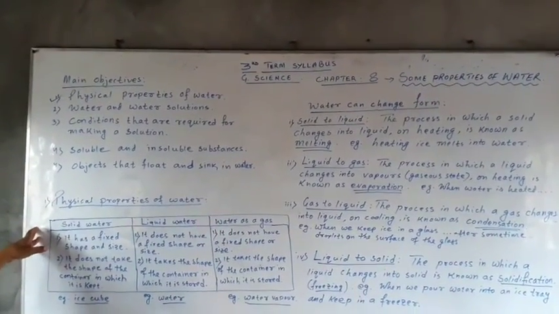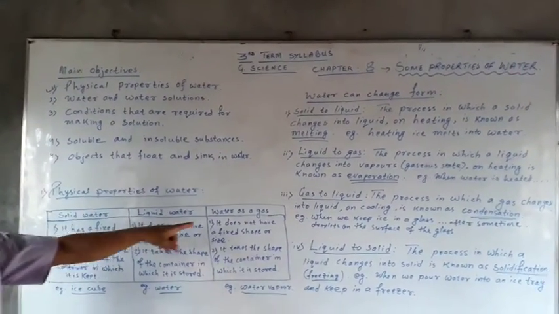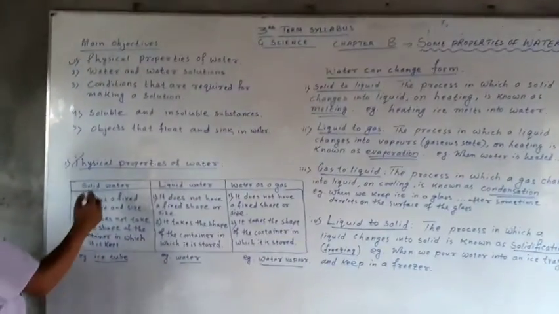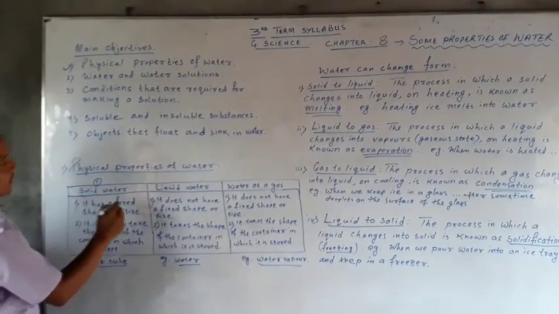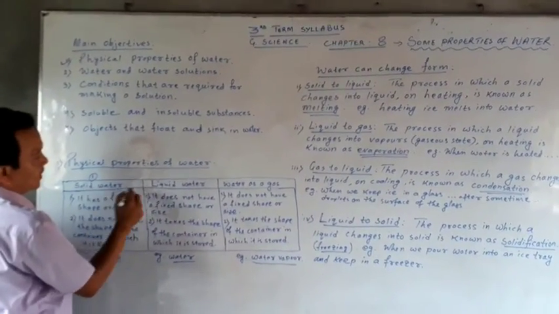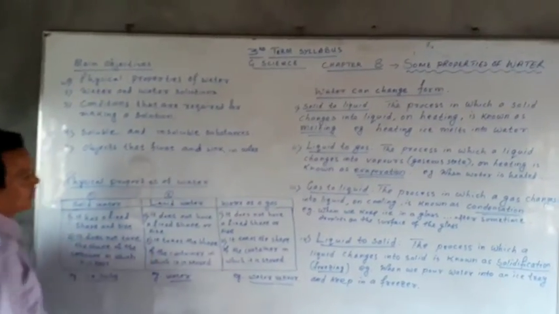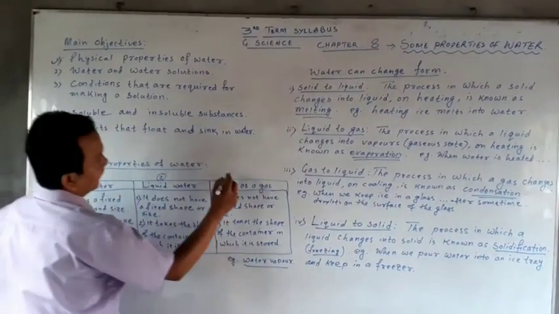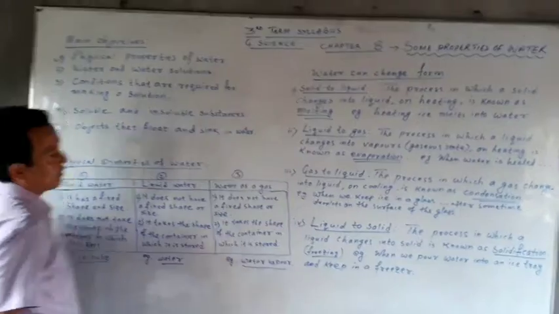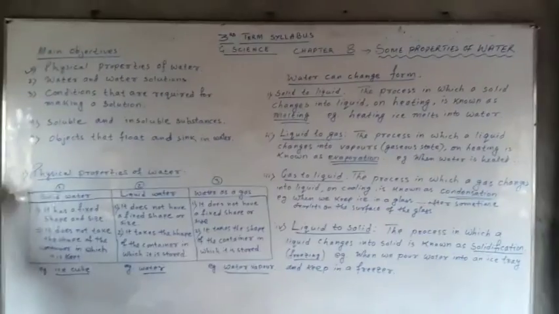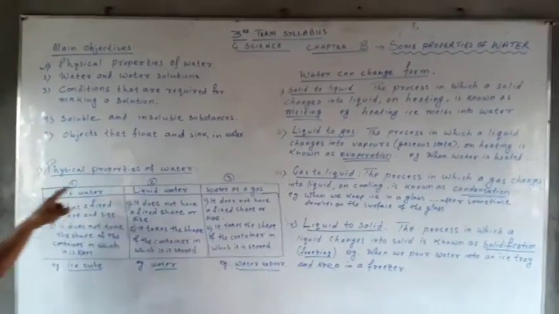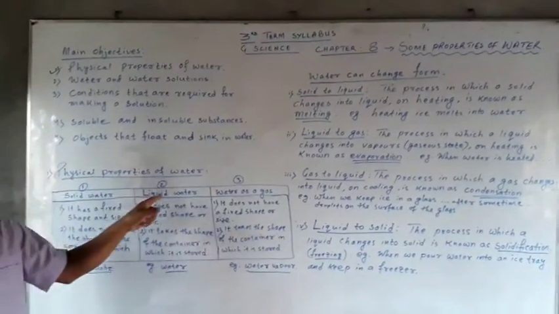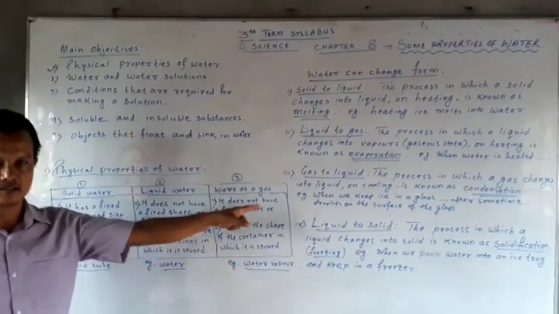You can see very clearly, I have written down here: number 1 is solid water, number 2, liquid water, and number 3, water as a gas. So categorically, water can be divided into these 3.